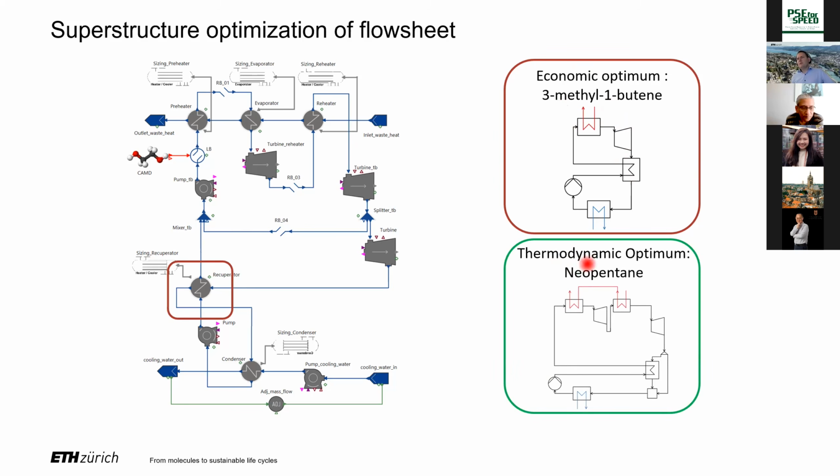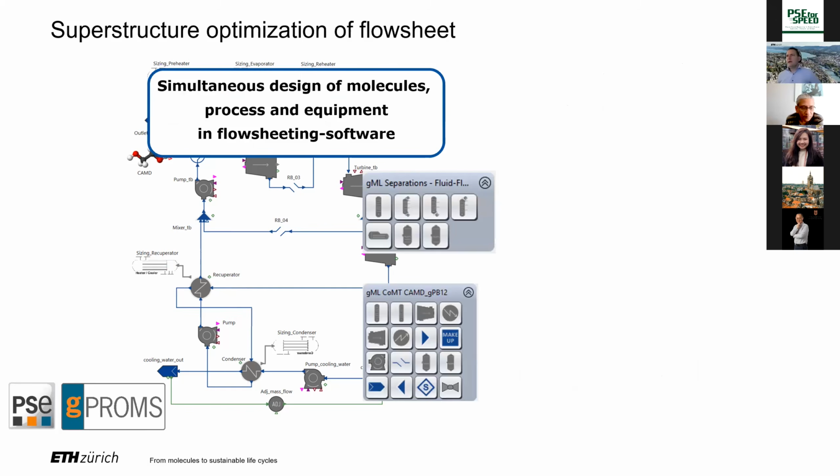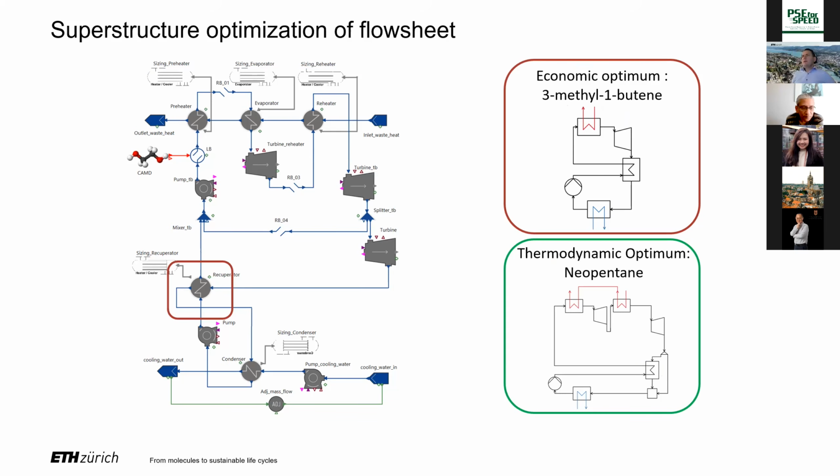Basically, we do everything. We do this reheating step, we do the turbine bleeding, and we do the recuperator. So it really makes sense. It's really important to go for the economic optimization if you are able to, because you end up with a different fluid and a different process.